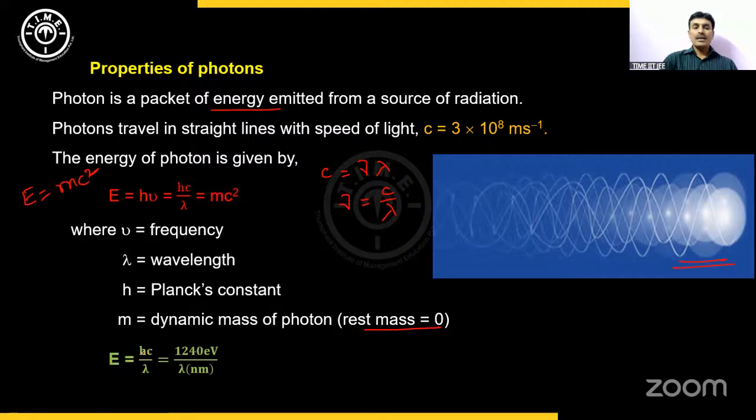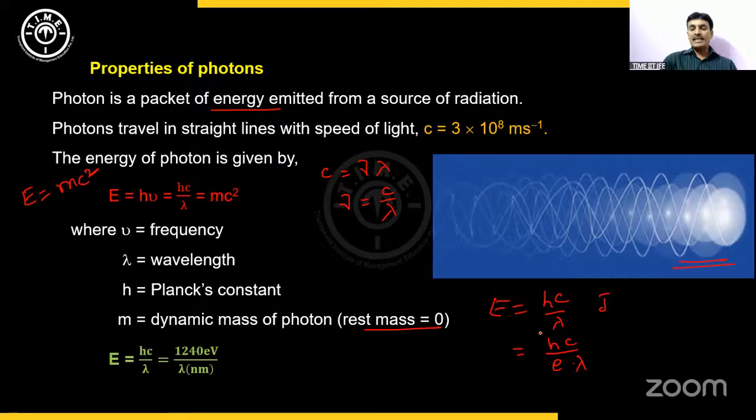Now, coming to the energy associated with a photon of wavelength lambda, we have E is equal to hc by lambda. This is in joule. To convert it into electron volt unit, you need to divide it by the charge of the electron. So it becomes hc by e into lambda.